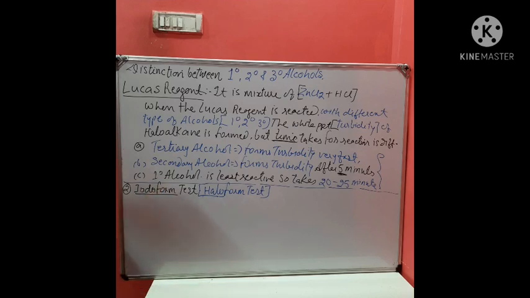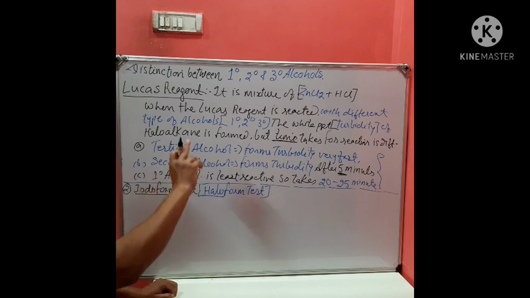Therefore, I am calling it the iodoform test. Student, this is a very important chemical test, and it is applied in the next chapter, aldehydes and ketones, to distinguish aldehydes and ketones also. But here we are distinguishing 1 degree, 2 degree and 3 degree alcohol. Isn't it?